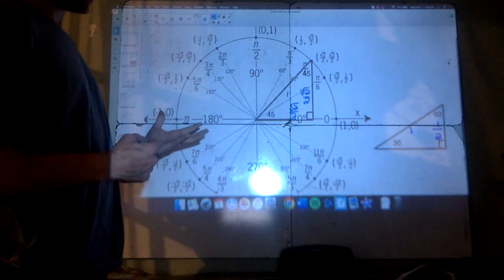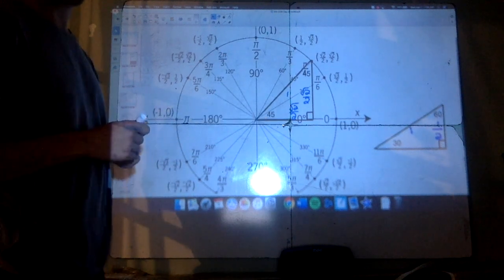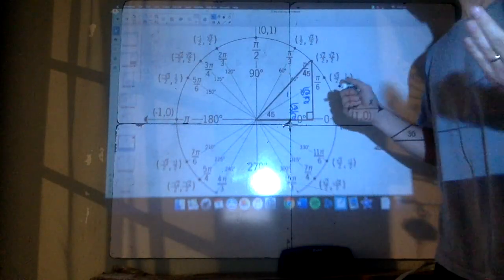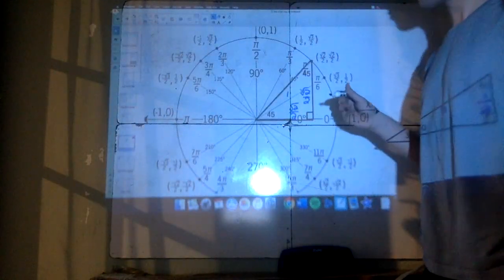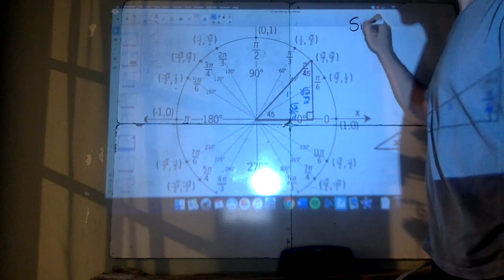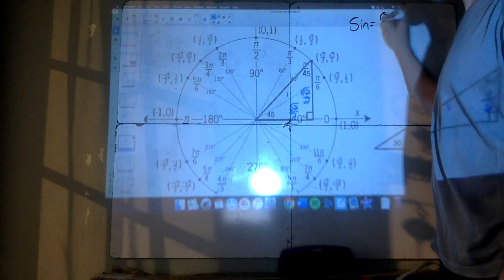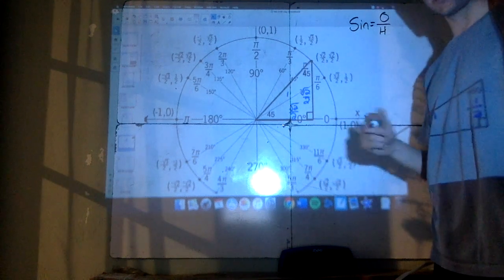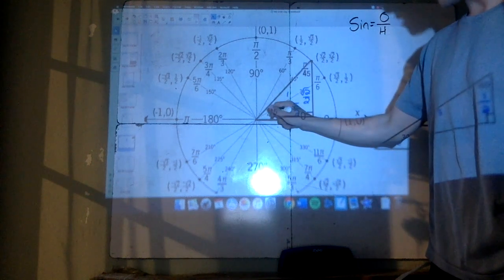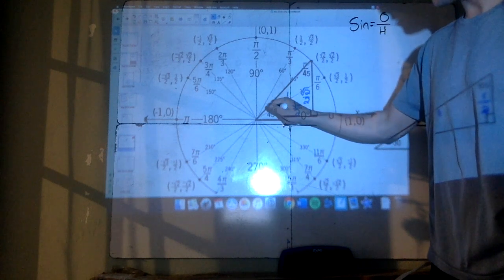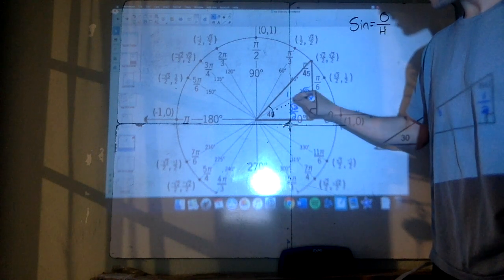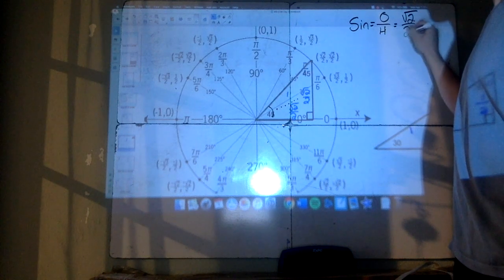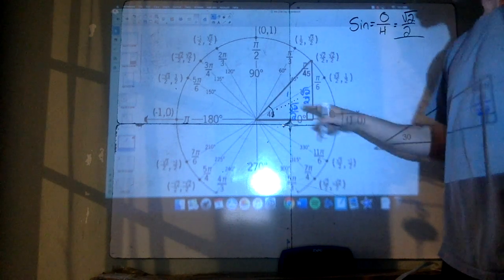We want to know this angle, 45 degrees. What is the sine of that angle? If you remember back to Math 2, sine equals opposite over hypotenuse. The side opposite this 45 degrees is the square root of 2 over 2, divided by our hypotenuse.